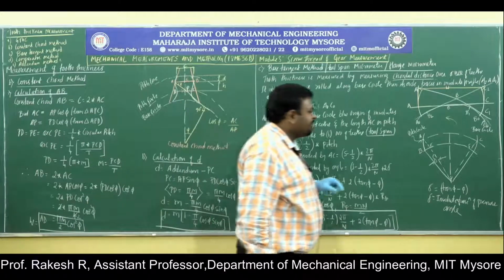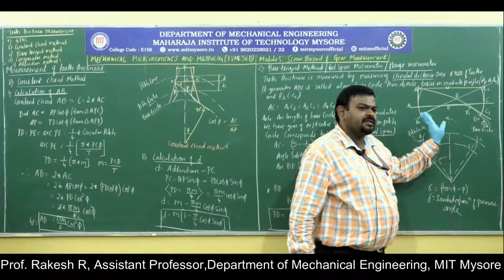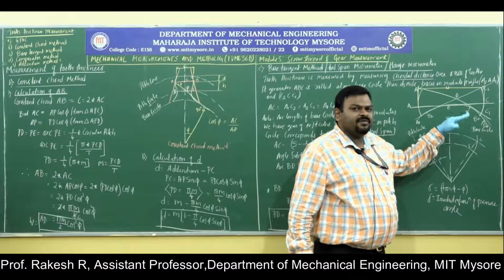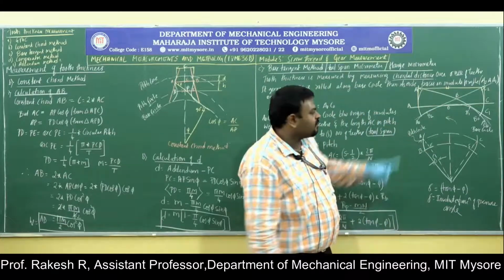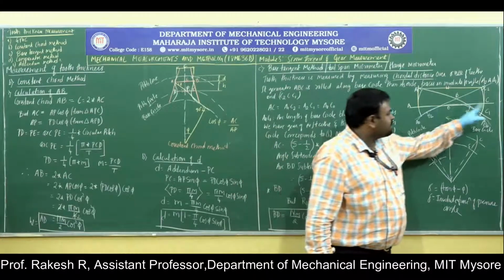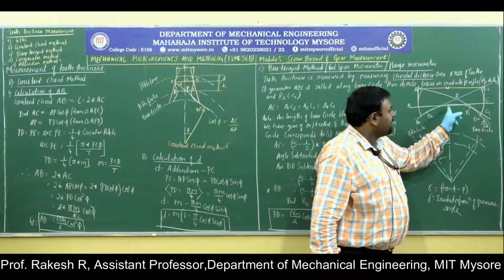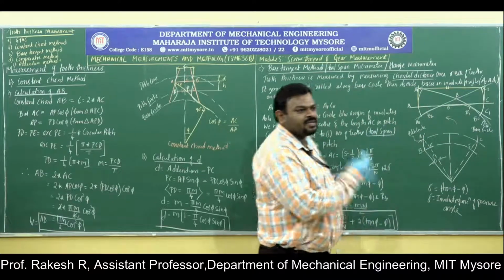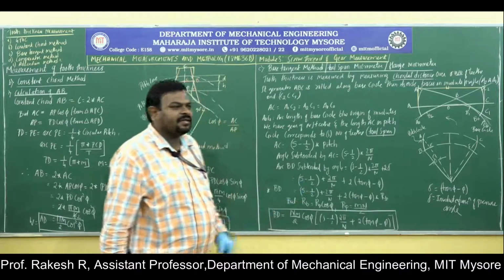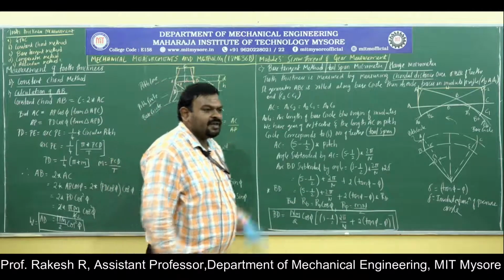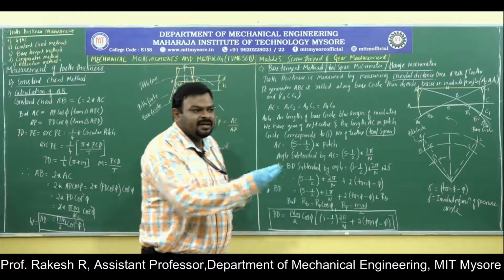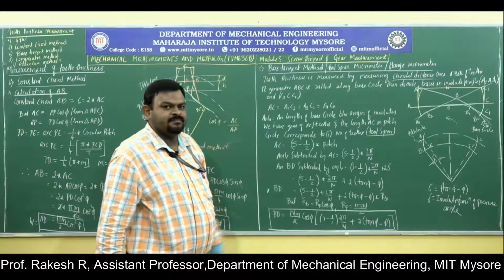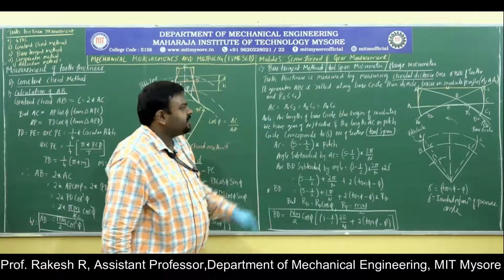How we consider many teeth is nothing but by indexing. Remember, it is in rotation. Once you rotate, another tooth will be in contact with that. So A, B, C, A0, B, C2, A1, B, C1, everything will be the same, because in the indexing we will get several teeth in contact with that line. Every tooth will be in tangent to that line. That is the base tangent method.